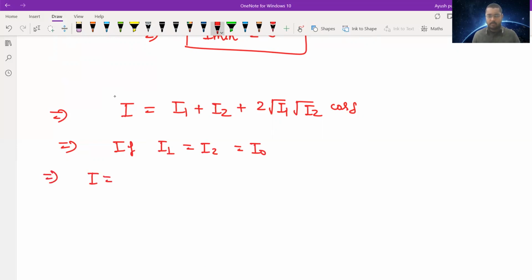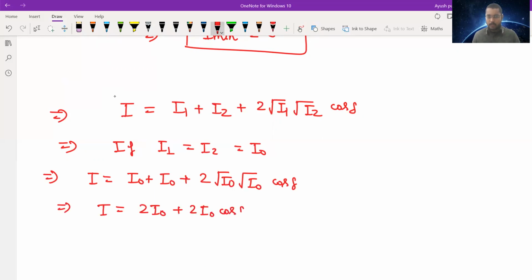So we will get I is equal to I0 plus I0 plus 2 root I0 root I0 cos delta. So I will be equal to 2 I naught plus 2 I naught cos delta, right? Let's take 2 I naught common. So we will get 1 plus cos delta, right? So I will be equal to 2 I naught.